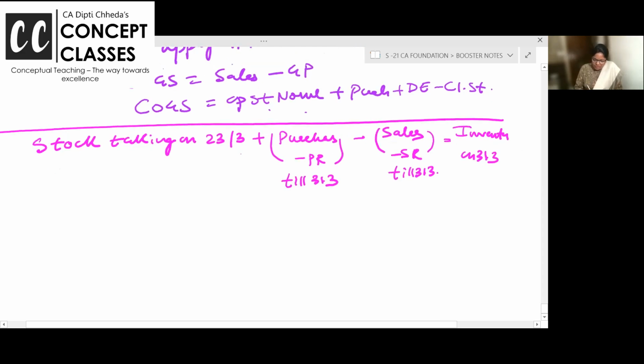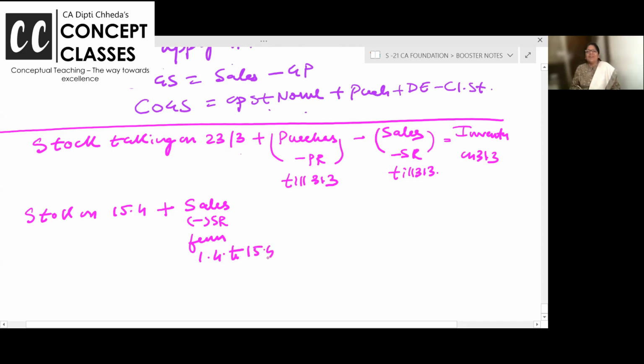Can I change it now? Stock on 15th of April. Add sales minus sales return from 1st April to 15th April. Whatever goods you have sold, add back.